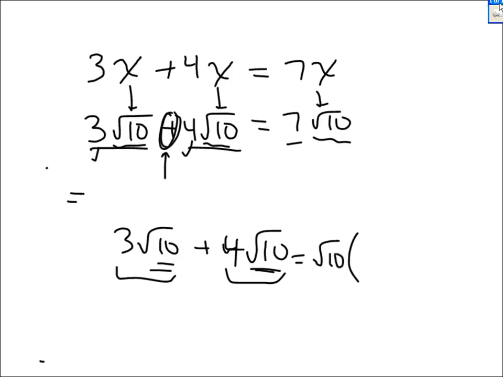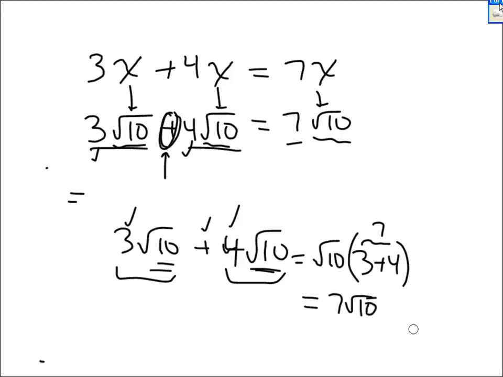So I factor it out. And what's left over is what I did not underline, namely 3 plus 4, which is 7. And instead of saying square root of 10 times 7, we say 7 times the square root of 10, which is what I have on the line above.